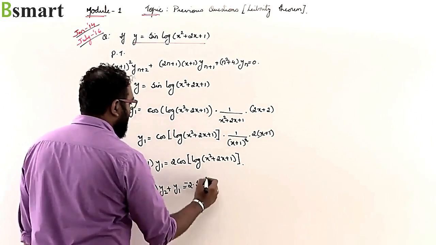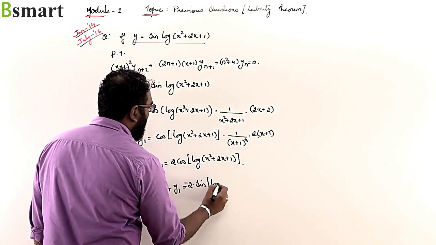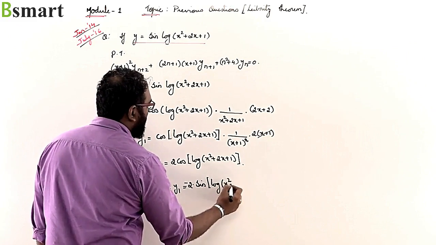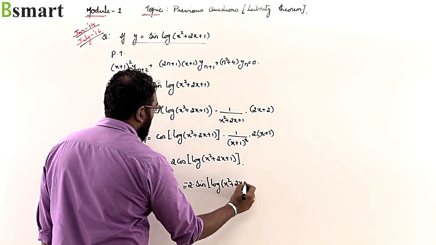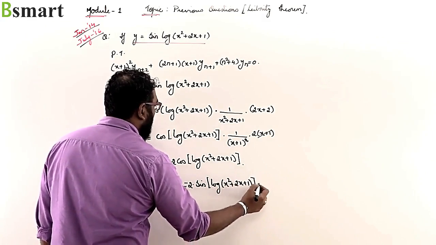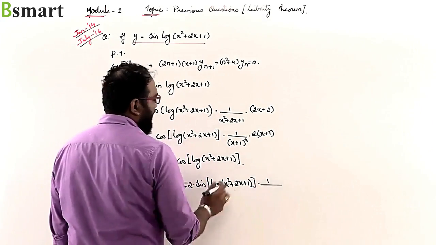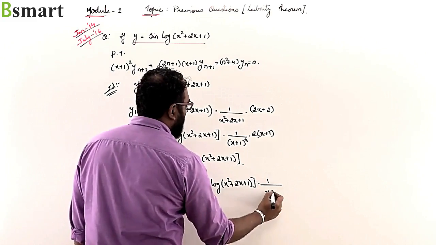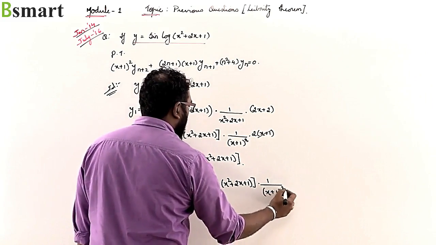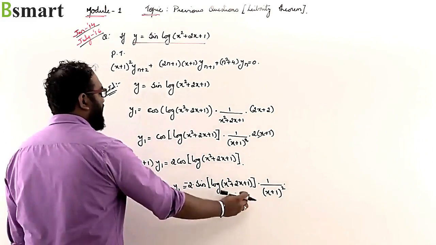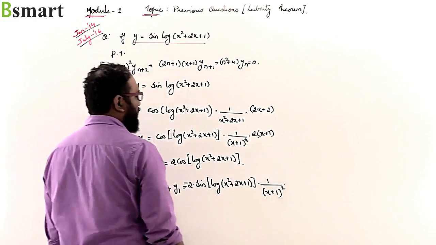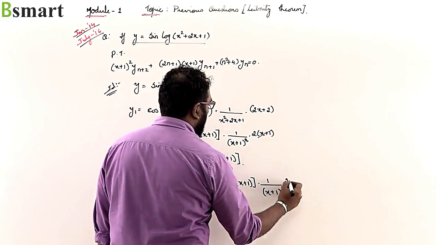So minus of sine of log of x square plus 2x plus 1 into the derivative of log, that is 1 by x square plus 2x plus 1, which can be written as 1 plus x whole square, into the derivative of x square plus 2x plus 1, that is 2x plus 2.